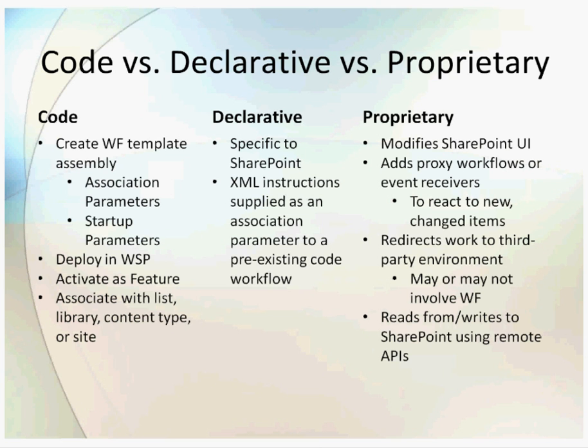You deploy it as a package to the global assembly cache. In other words, you're adding code to SharePoint servers. Inside of every site collection, it's activated as a feature that makes it available to sites or lists or libraries, and that's called associating. A declarative workflow is really a special type of code workflow where you provide all the instructions in the form of XML.